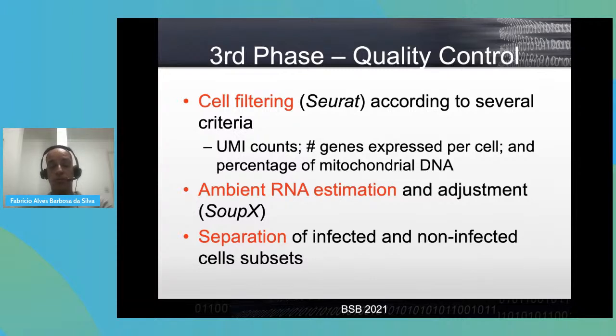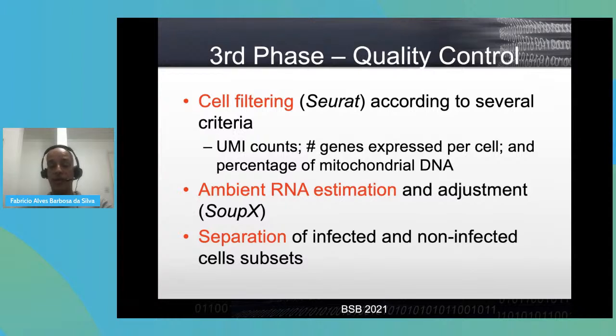We also do ambient RNA estimation and adjustment in order to adjust the level of expression for each gene.